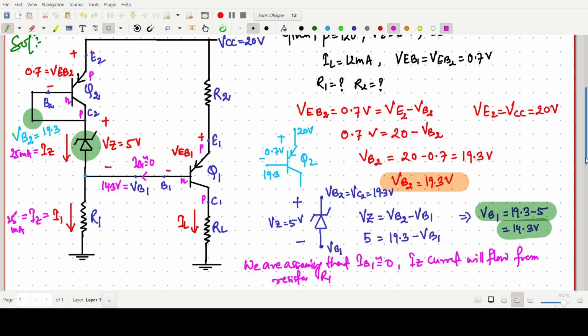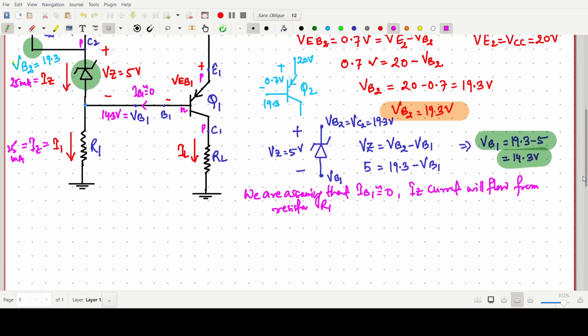Now we can find R1 directly. This voltage is known to us, 14.3 volt. This one is ground, and this current is known to us, 25 milliampere.